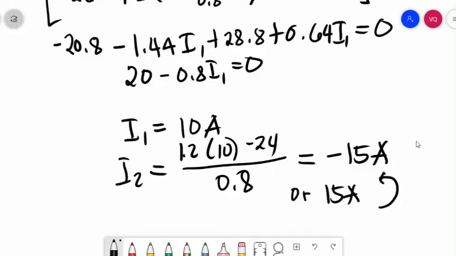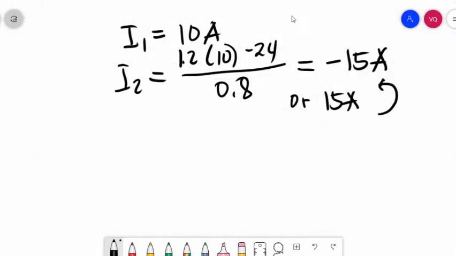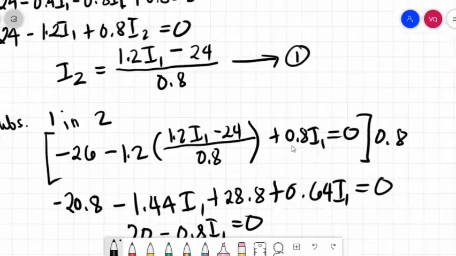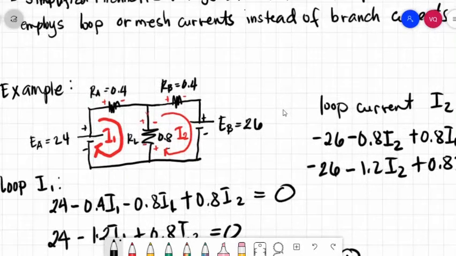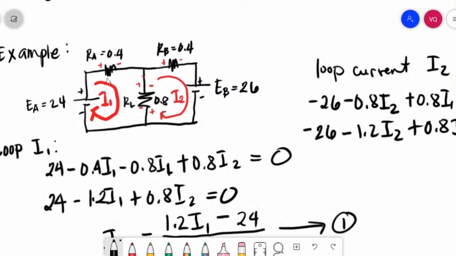Now, what will be the values of your branch currents, IA, IB, and IL? So, as you can see here, the loop current flowing in RA is your I1. So, this one, dito ti IA yo.